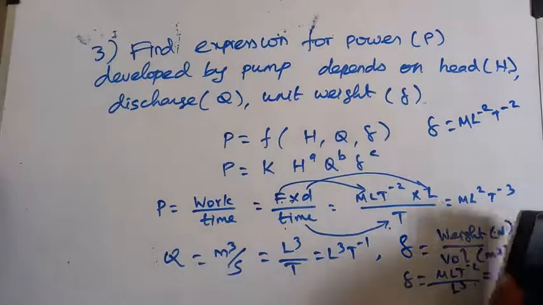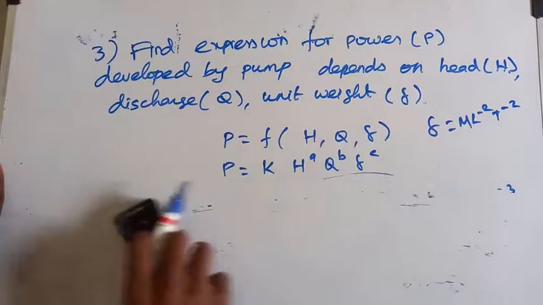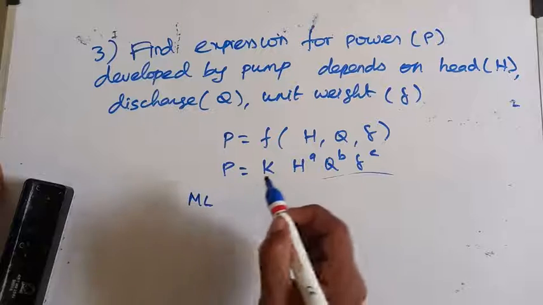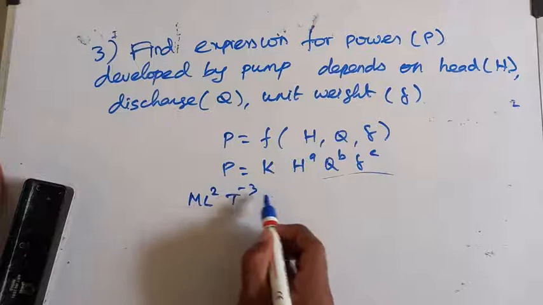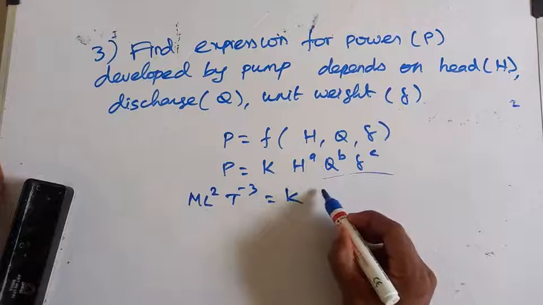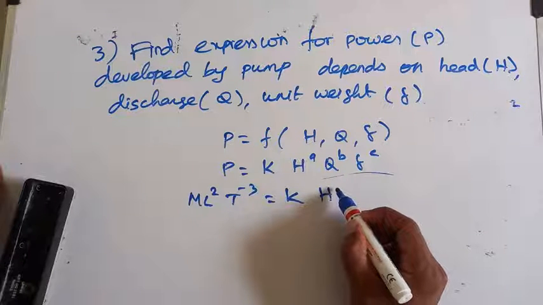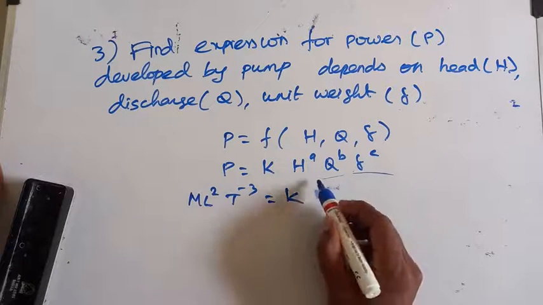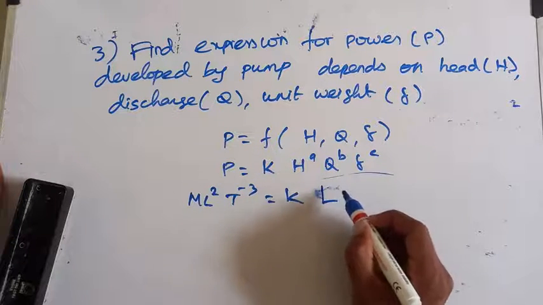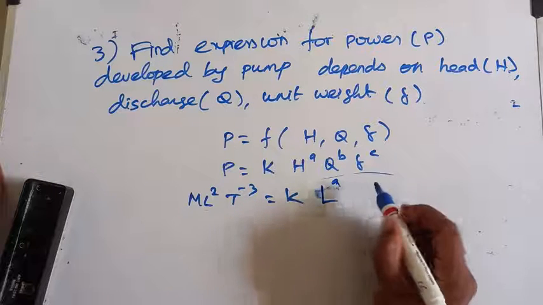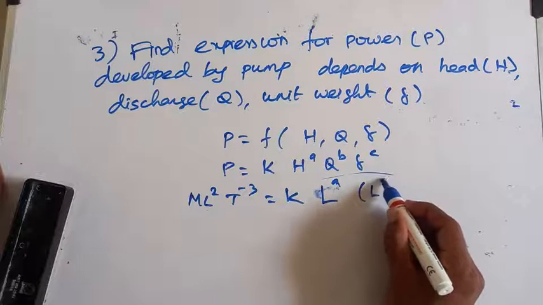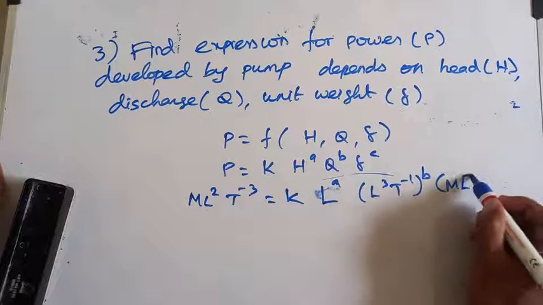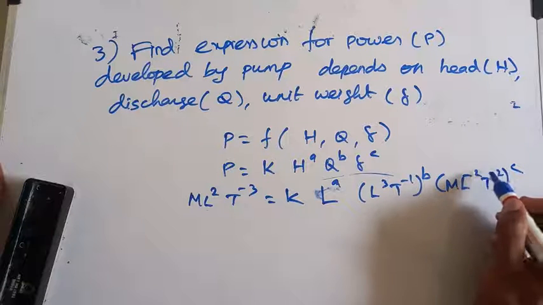Okay, now I got all terms' dimensions. So I'm going to substitute in this equation. I'm writing P's dimension as M L square T power minus 3, k into H power a. We know, sorry, for H, H is nothing but head. Its dimension is L, so its unit is meter. For Q, L cube T power minus 1 power b. For unit weight, M L power minus 2 T power minus 2 power c.